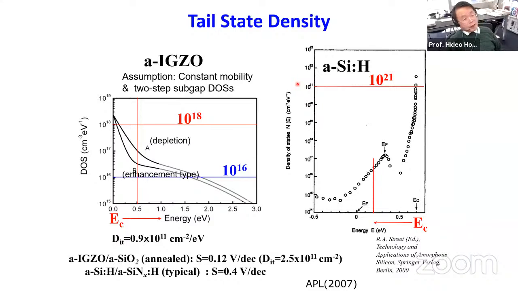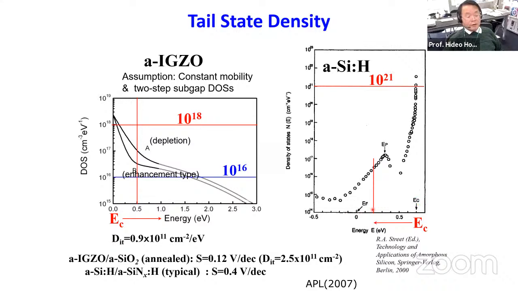At the time, I often asked the amorphous silicon people why their TFT shows such a low mobility, so we checked the reason. This is the density of states and its energies. This is the amorphous silicon case. The bottom of the conduction band is here, and the Fermi level is located here.